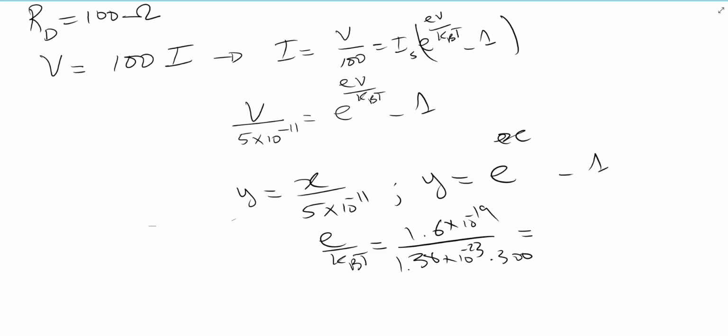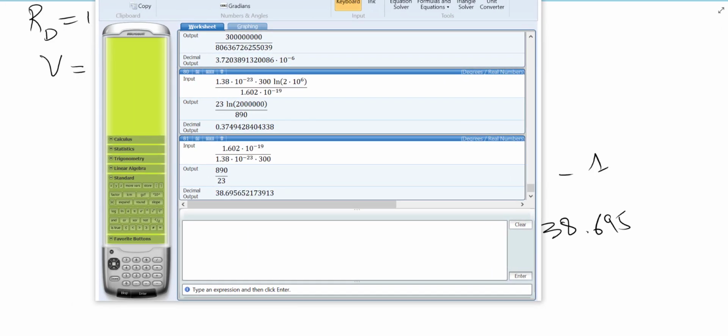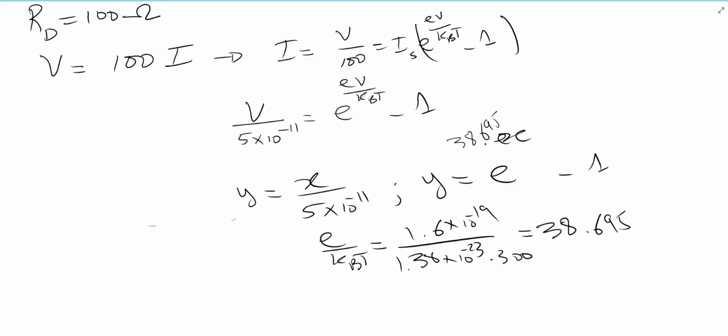And that is going to give me 38.695. Okay, that's close enough. And the exponential of 38.695 times x, because remember this whole thing is. So I'm going to plot these two functions. So let me pull my calculator in here.